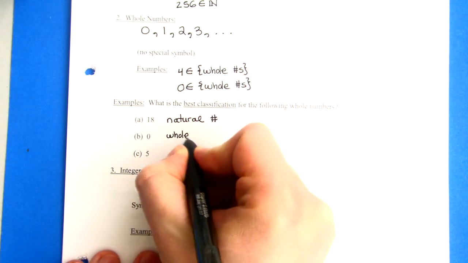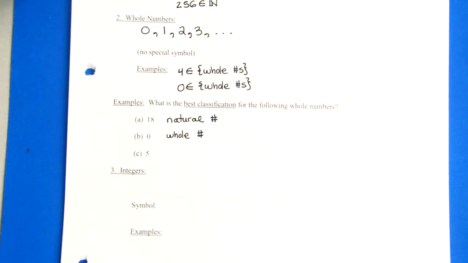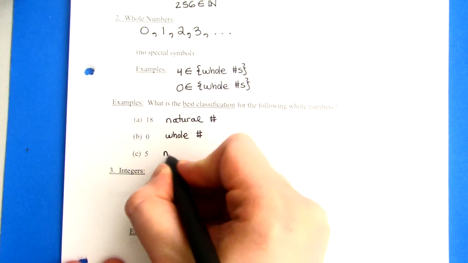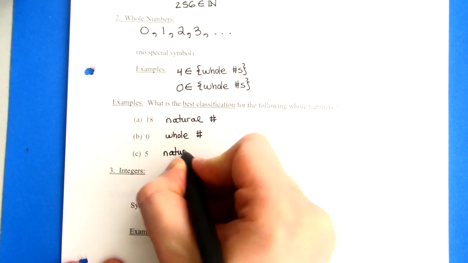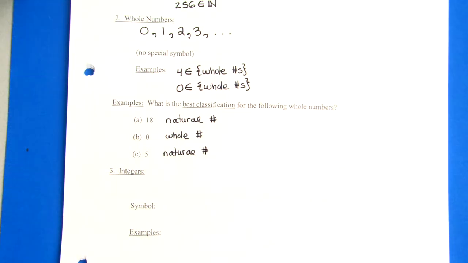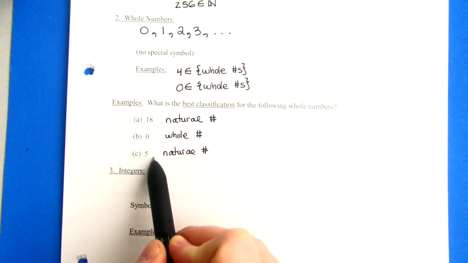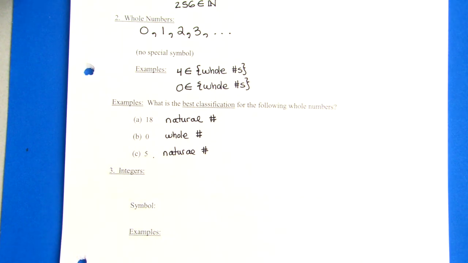Whole number is the smallest set that 0 belongs to. What about 5? What's the best name for 5? 5's best classification is a natural number. Again, all of these are whole numbers, but 18 and 5 can better be classified as a natural number.